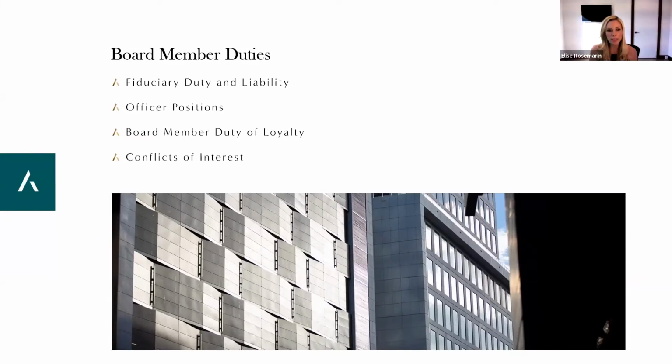Just touching upon the officer positions, is there any fiduciary duty or liability that impacts a particular board position as opposed to others? Is that something that people should consider? I think before we get into that though, Leah, maybe we should explain to the attendees what the different positions are, and what those responsibilities are, because a lot of people join the boards.